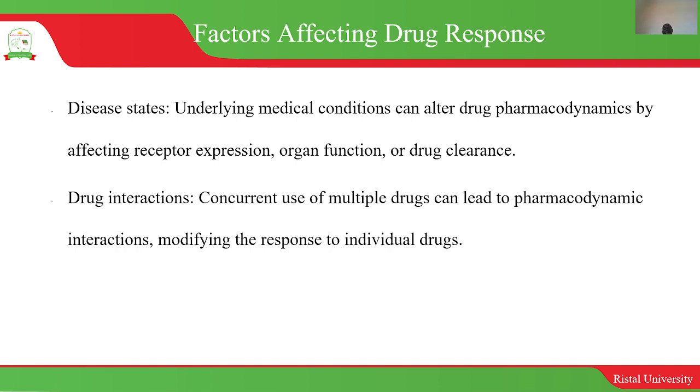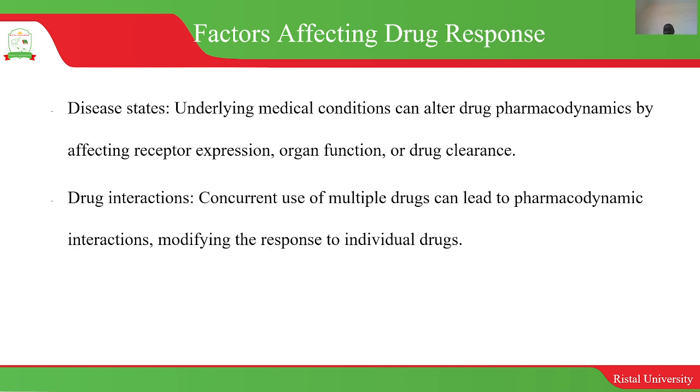Disease states: underlying medical conditions can alter the drug pharmacodynamics by affecting receptor expression, organ function, and also drug clearance. As we shall get to know, there are certain drugs that we don't give to people with renal failure, for example the drug nitrofurantoin and quite many others.